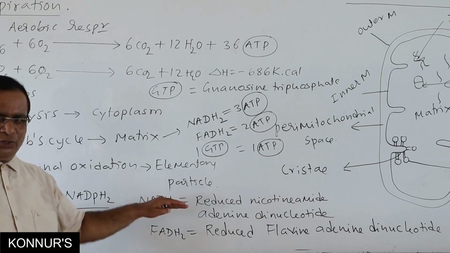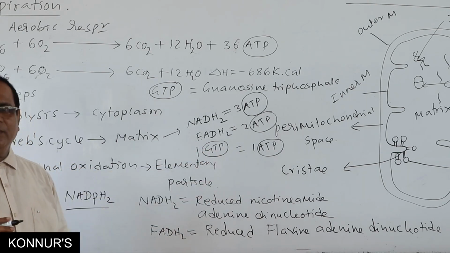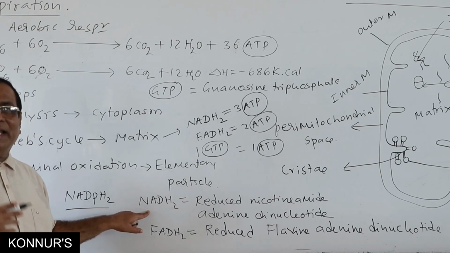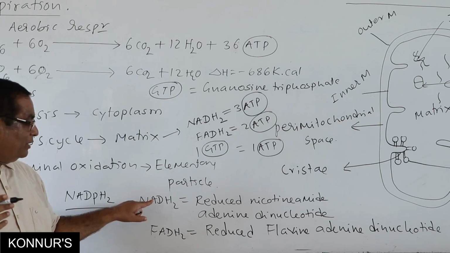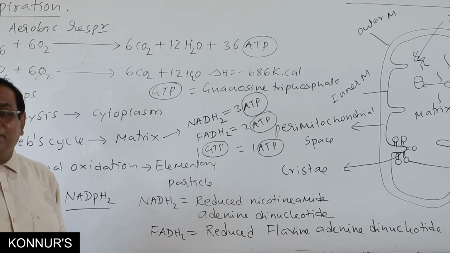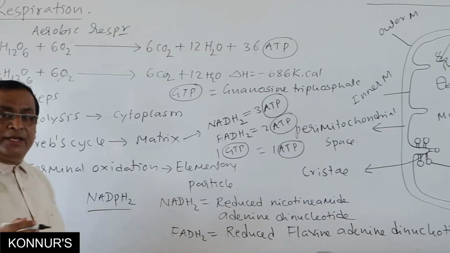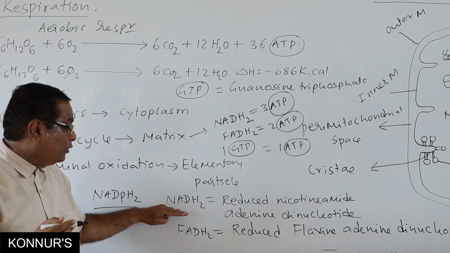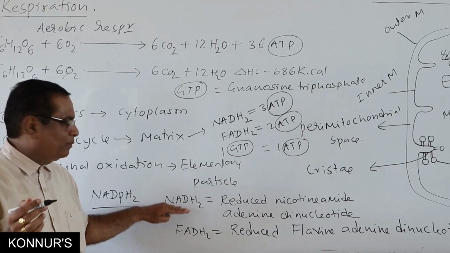They provide hydrogen during the reaction. The difference is NADH2 is an energy yielder because it produces 3 ATPs of energy. From NADPH2 we don't get ATPs, but we do get ATPs from NADH2.